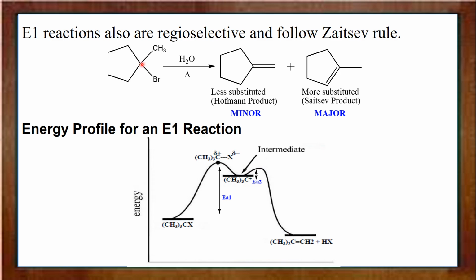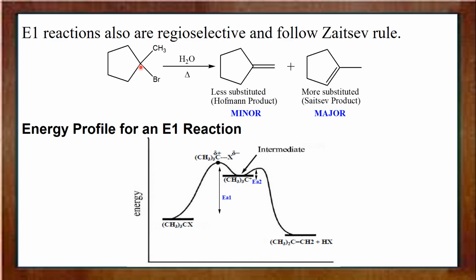With respect to alpha carbon, this methyl carbon is beta, this carbon is another beta carbon, and this is another beta carbon. So in the first step, when we heat, the carbon-bromine bond breaks and bromide is removed, resulting in the formation of carbocation. That is the first step.